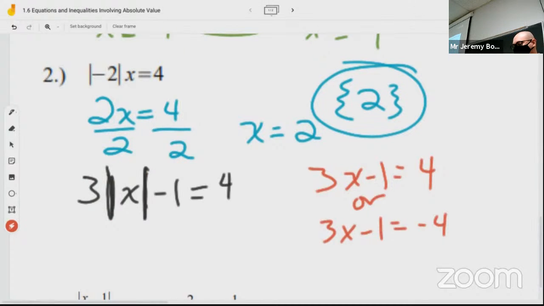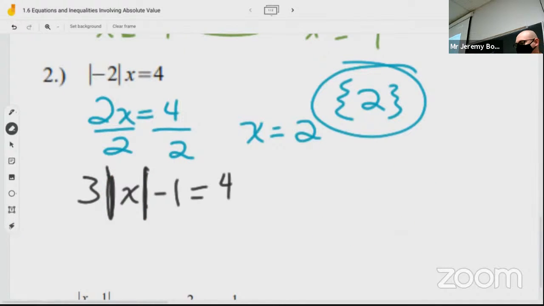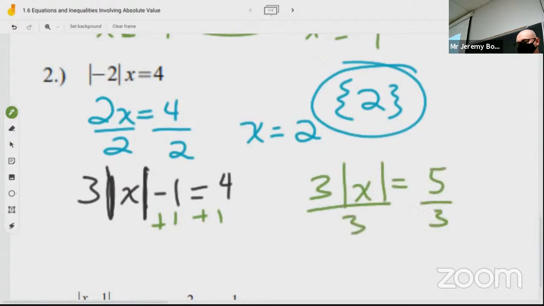So what we want to do first is we want to isolate the absolute value before we make this step here. So you don't want to jump straight to that. What we want to do first is let's add 1 to both sides. So we'll have 3 times the absolute value of x is equal to 5. Let's divide by 3. So the absolute value of x is equal to 5/3.